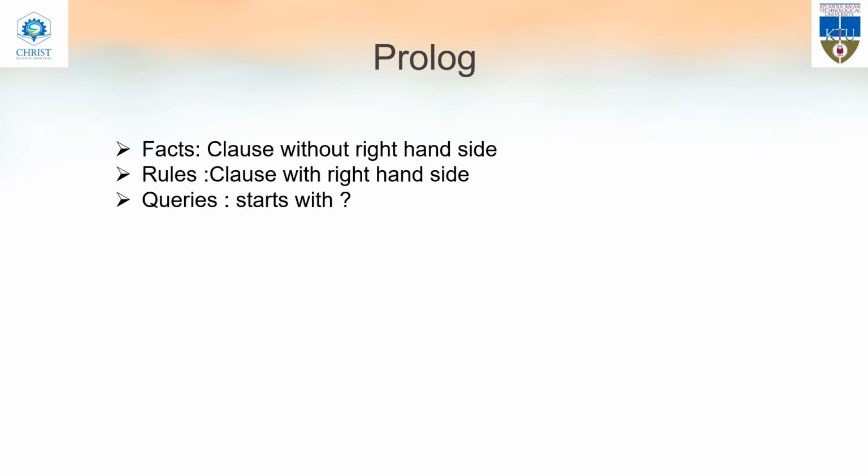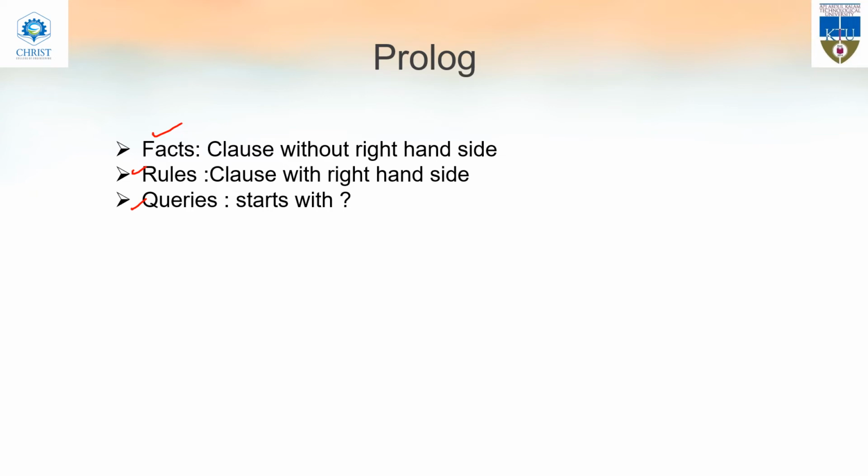And Prolog consists of three things. The one is facts, the other one is rules, the other one is queries. You have already learned some logic programming. Facts are clauses without a right hand side.